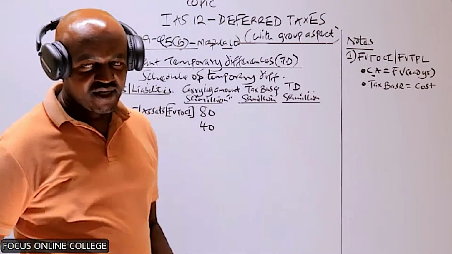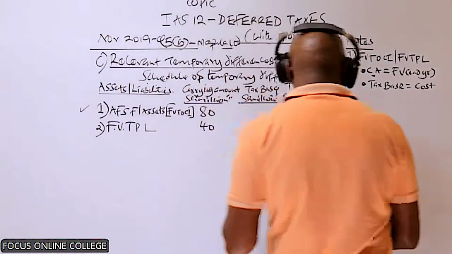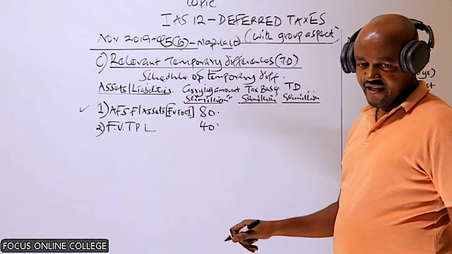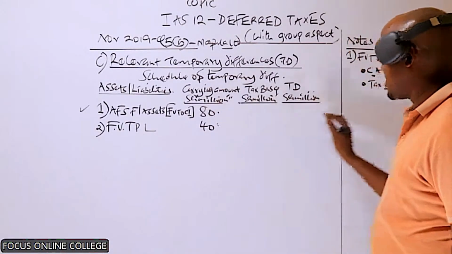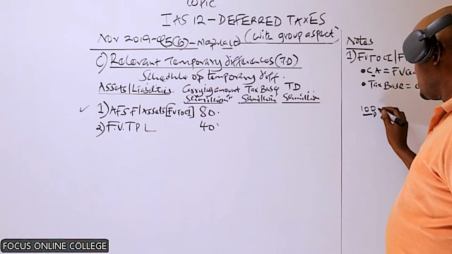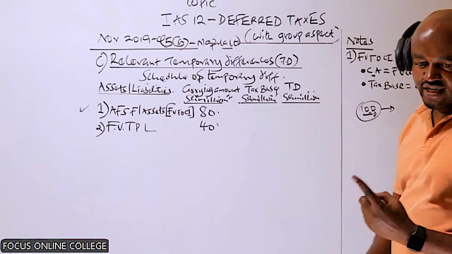So it basically means that both of them reported losses. If they reported losses, it basically means that the fair value reduced. If, for example, the company had acquired this at 100 million, and you're told it reported a loss, then it automatically means that the fair value for this financial asset reduced.